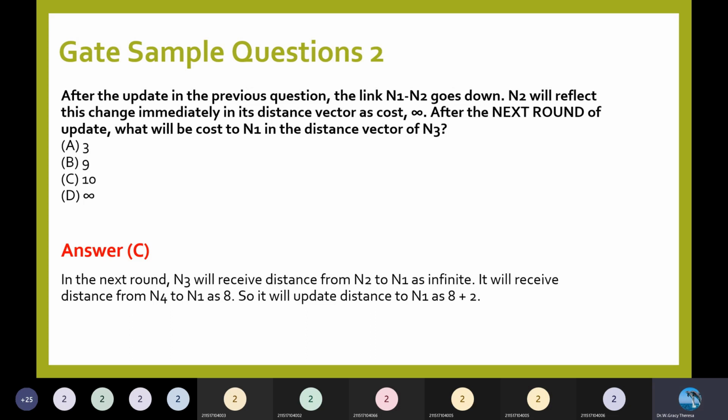So it will be updated, because n3 knows there is no way through n2, but it can reach n1 with the help of n4. That route will be updated as 8 plus 2, which is 10. So that is the answer for this.